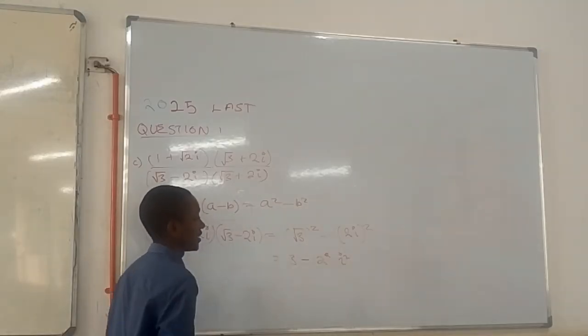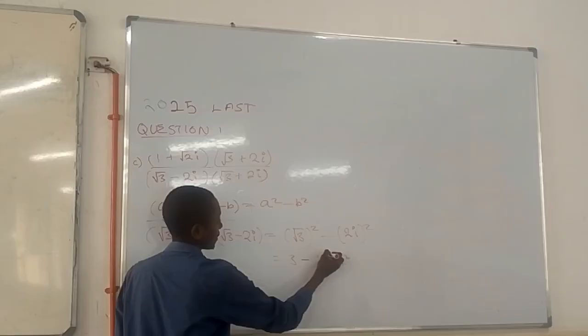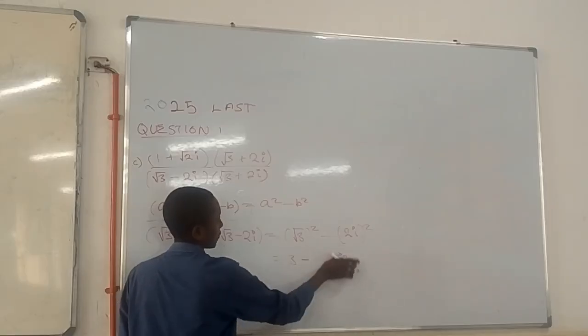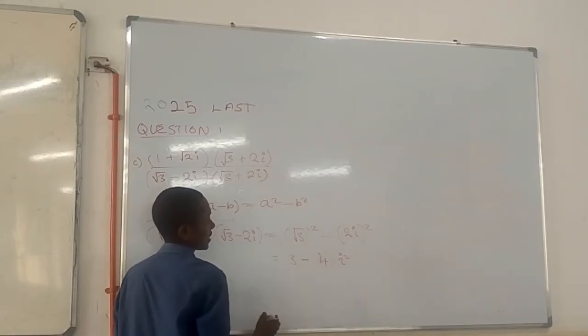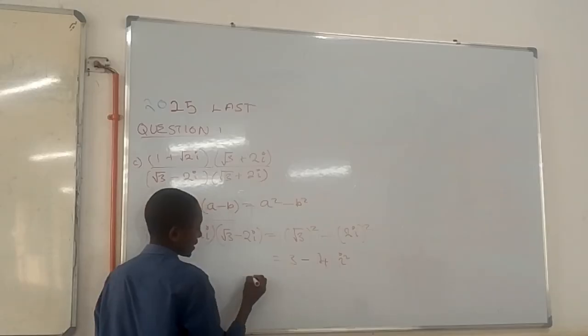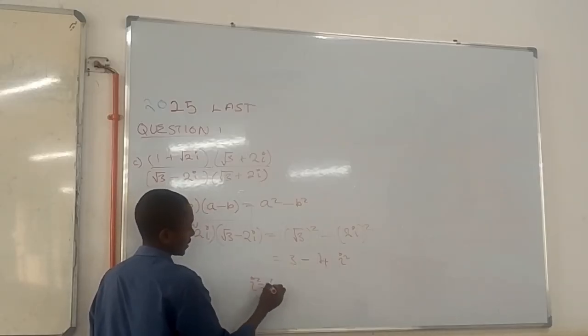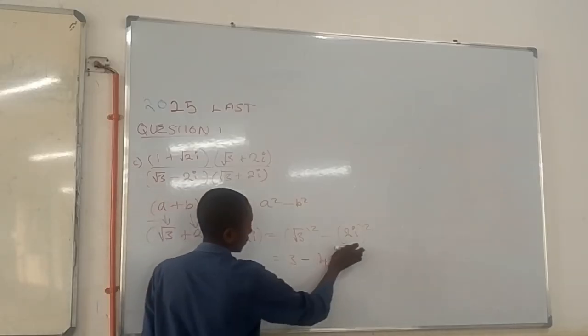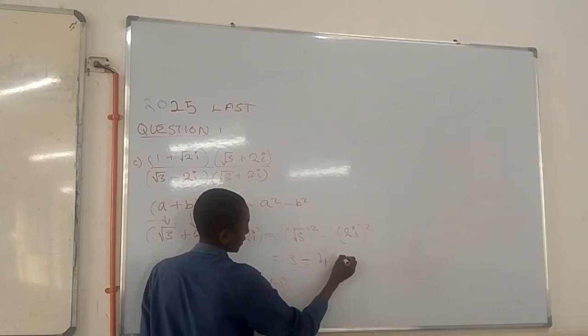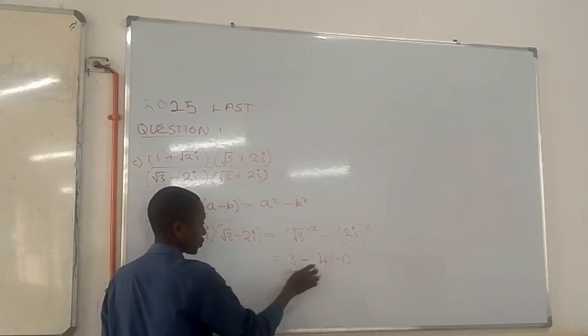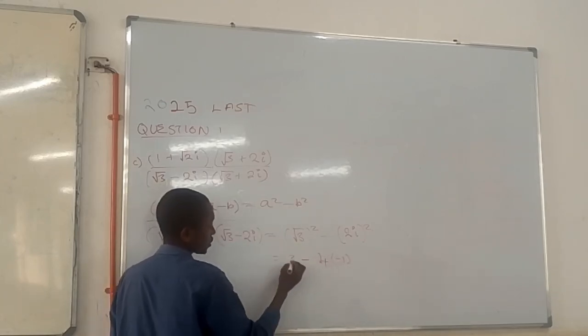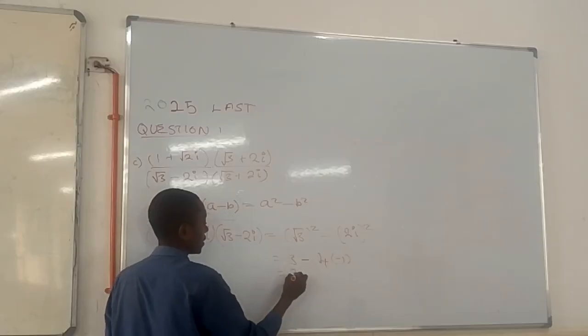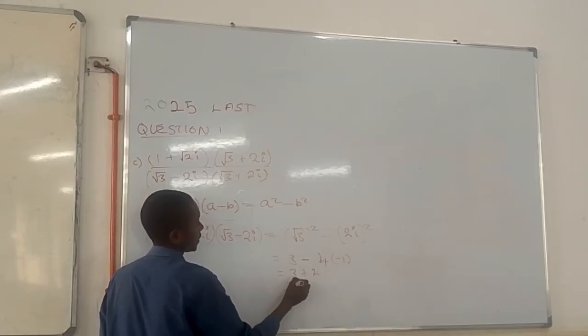I know that 2 to the power 2 is 4. We know that i squared is equal to negative 1, so it will become positive. So this will be 3 plus 4, which will give me 7.